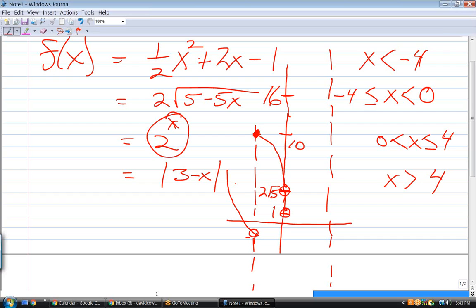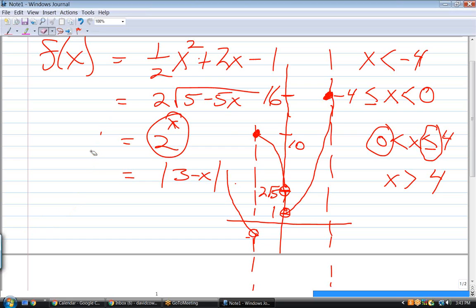So it's a closed dot at 16 because of that. It's an open dot at 1 because of that. And I know what an exponential function looks like. It looks like that. So this thing is going to look like that.